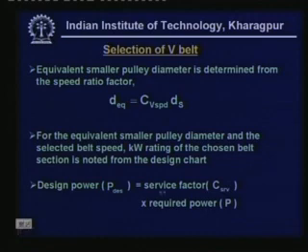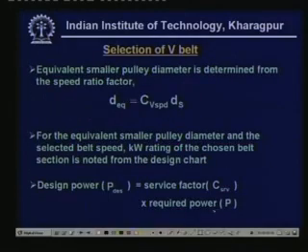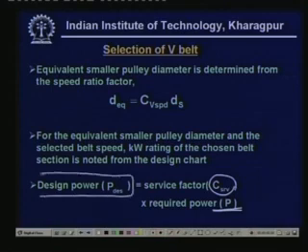Your required power is multiplied by a service factor to get the design power. So that means some increment should be taken into consideration depending upon the service factor, and these service factors are listed in the design book in a nice manner.